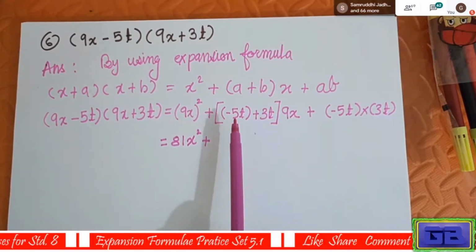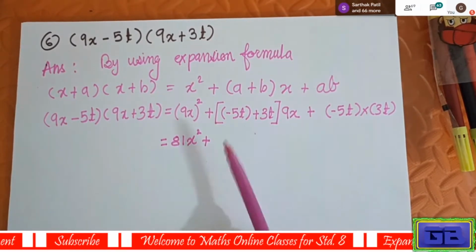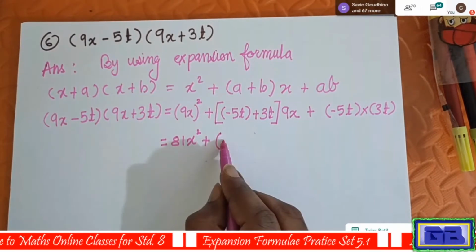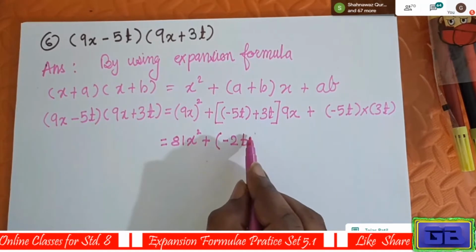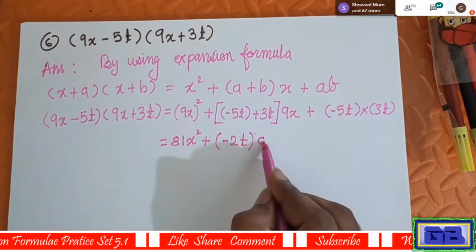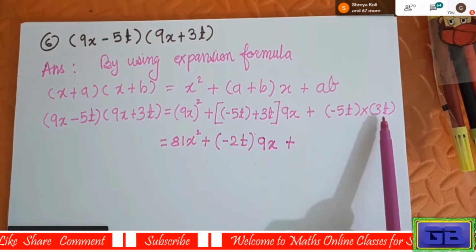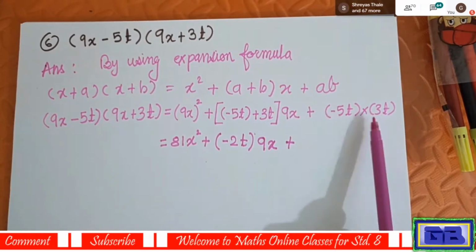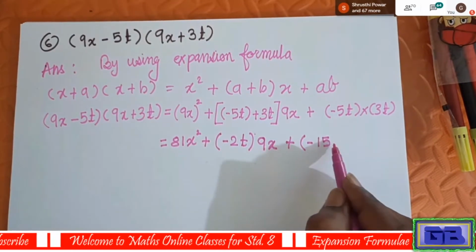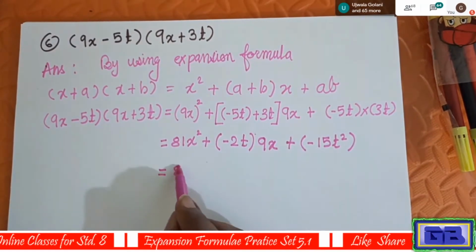Whenever one integer is positive and one integer is negative, we have to do subtraction. 5 minus 3, how much? 2. But the bigger number's sign we have to give, so −2t. This is the answer of the subtraction. Multiply by 9x: 5 threes are 15, t into t is t², negative into positive is negative, so −15t². 81x² as it is.